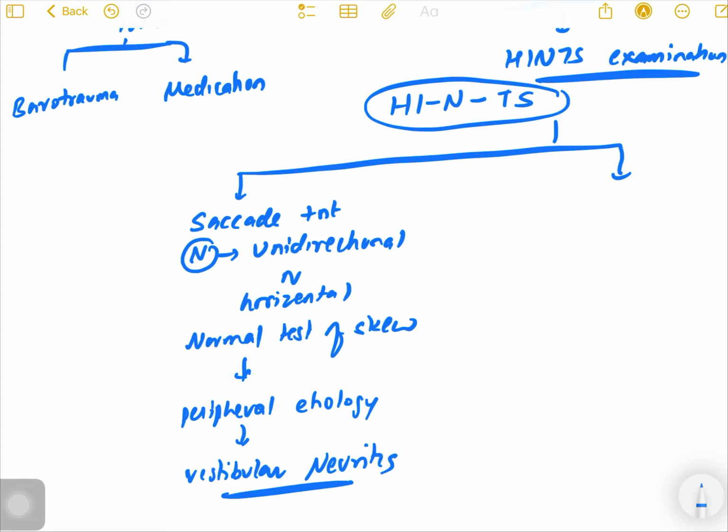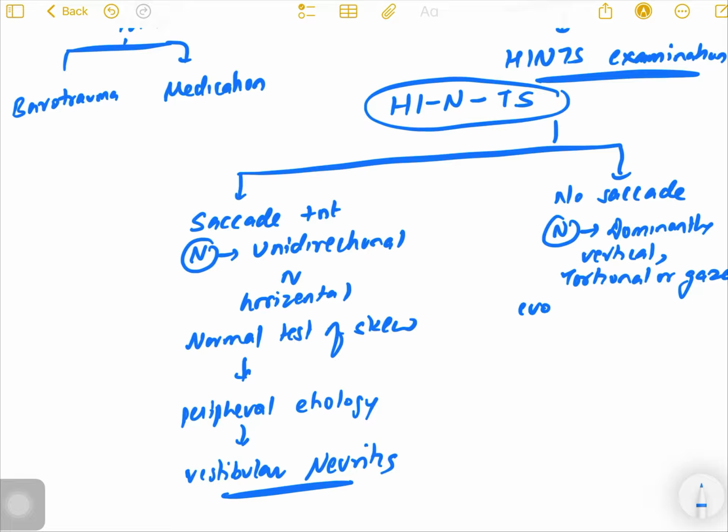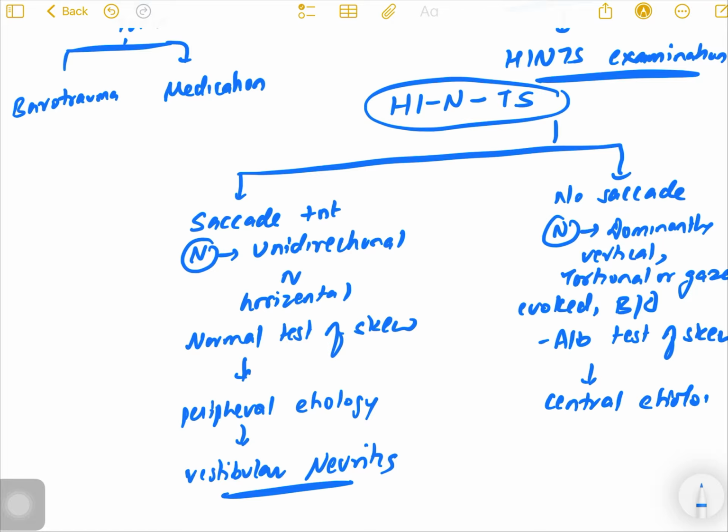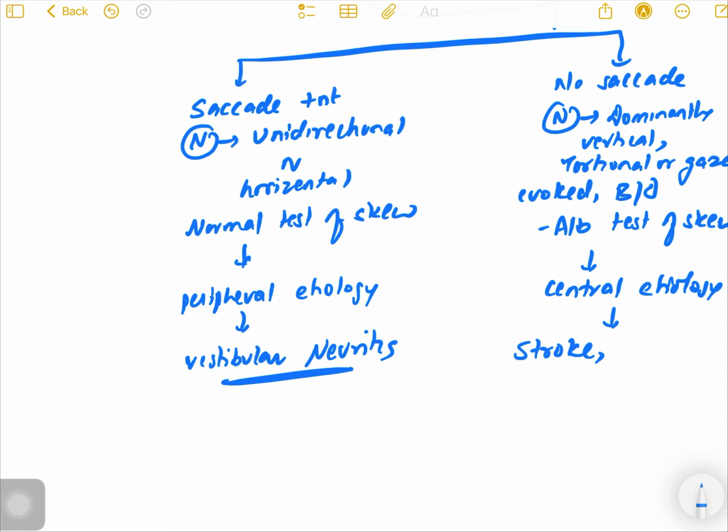But if there is no saccade, if the nystagmus is dominantly vertical, torsional, or bidirectional, and if there is an abnormal test of skew, then there is mostly a central etiology of vertigo, and we have to rule out stroke or TIA or any other central cause which can cause vertigo.